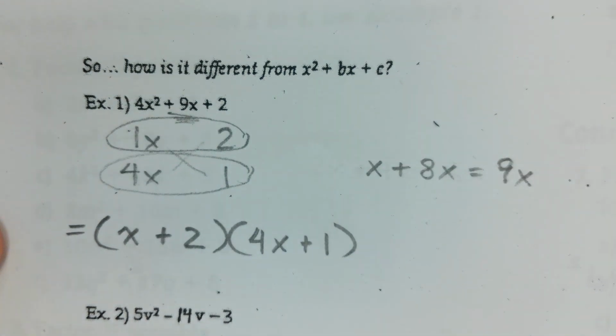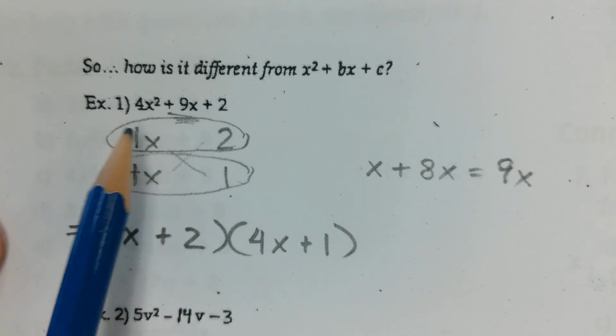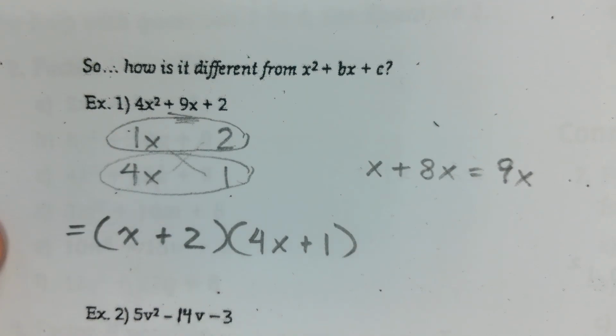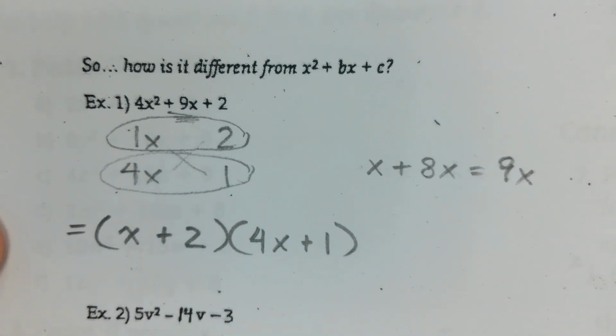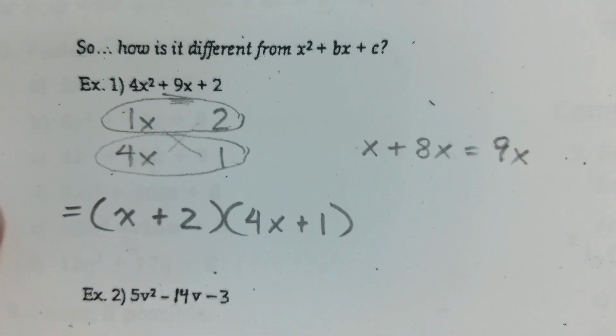And there you go. We factored a trinomial where the coefficient of x squared is not just 1. So technically, it's kind of like guess and check as well, trial and error. But at least you have a direction. You're not just picking numbers blindly.